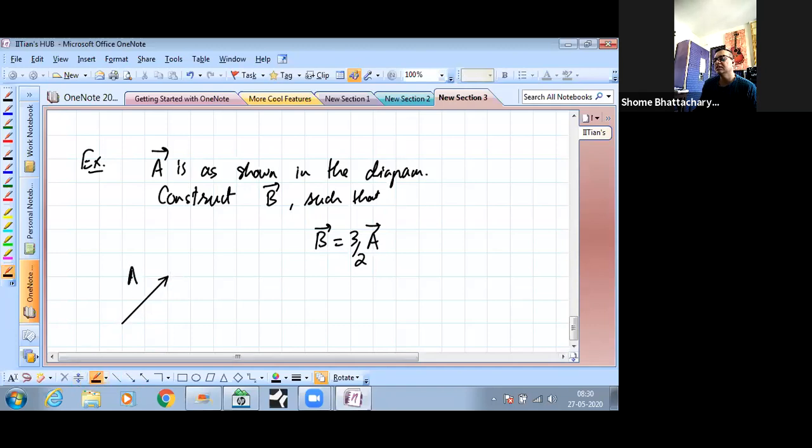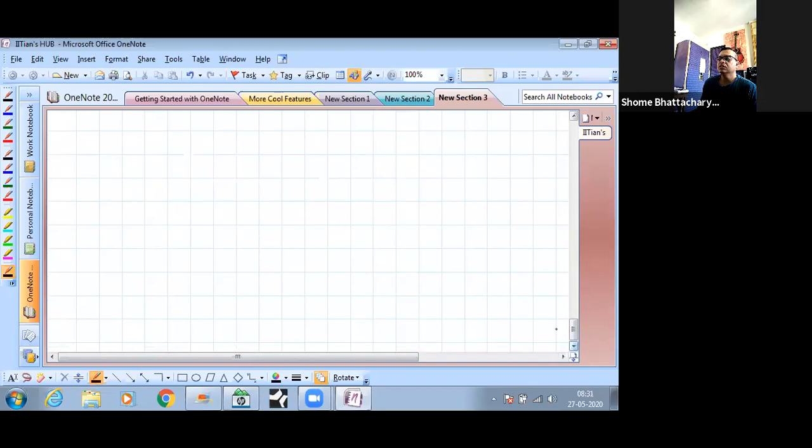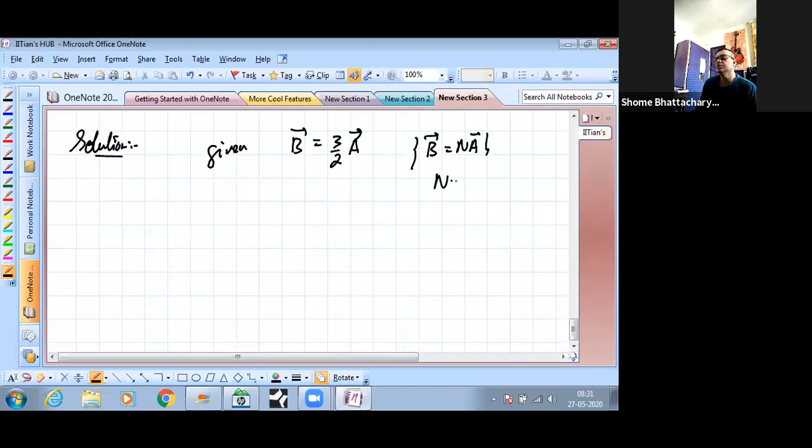Vector a is constructed like this for us, and it is asking to construct the vector b such that it holds true according to this equation. So given that b is equal to 3 by 2 times a, it is an example of a vector being a scalar times another vector, where n is a positive quantity.